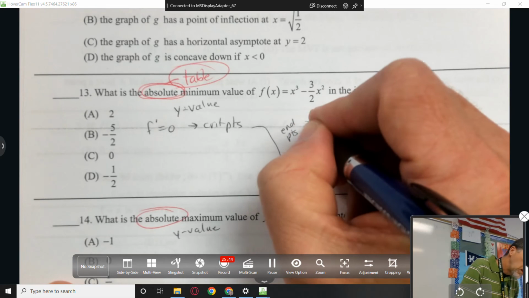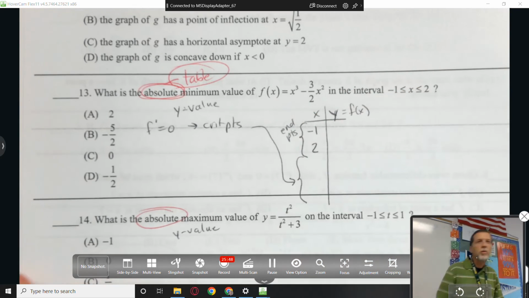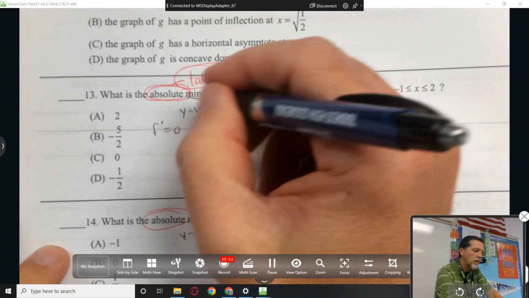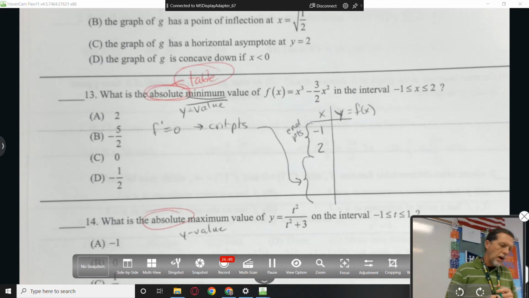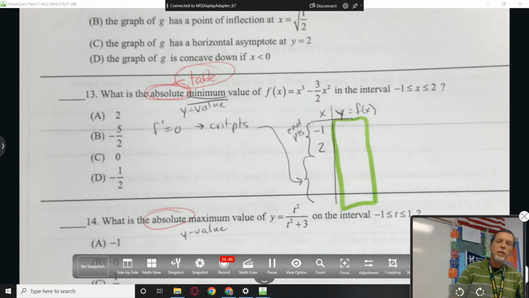But then you plug it into the original? Yes, you plug it into f of x because you just want to know who's the highest and who's the lowest. Well, I guess in this case, just who's the lowest. And it says what is the minimum value, so the value you'd pick would be the y value. You would grab whichever one of these is the lowest. That would be your minimum.